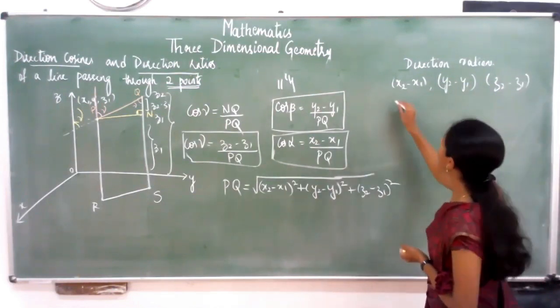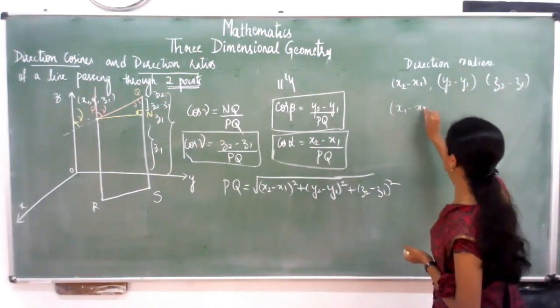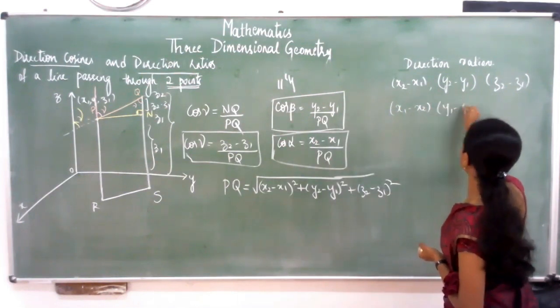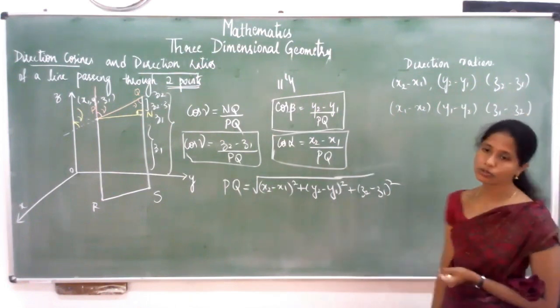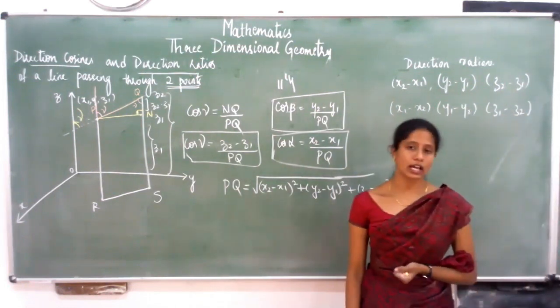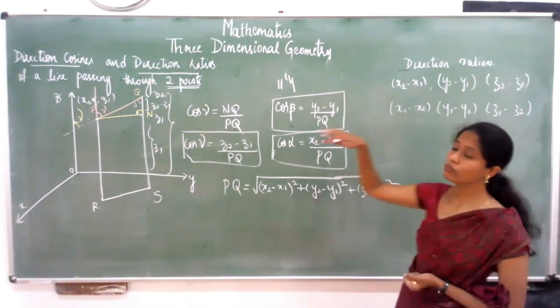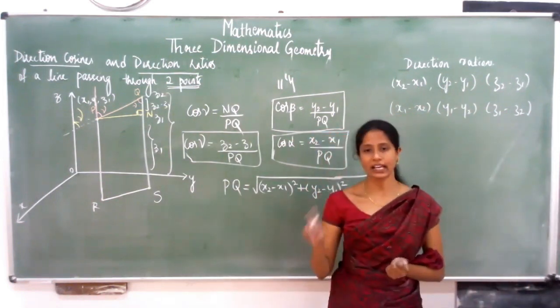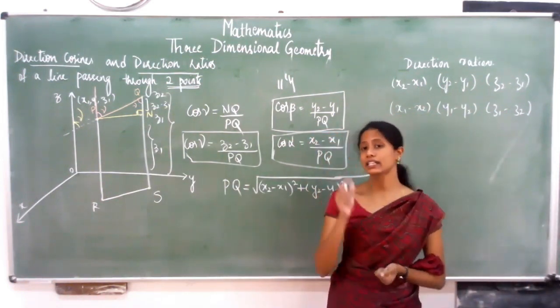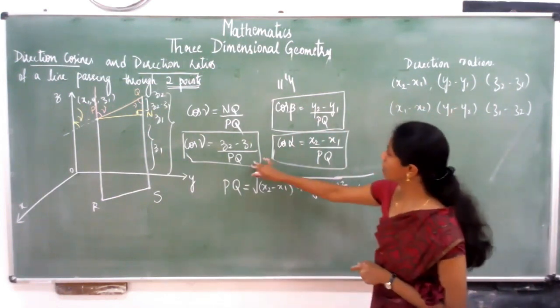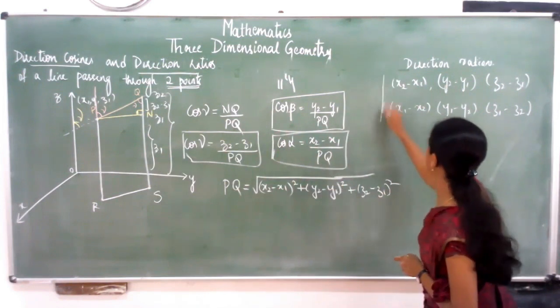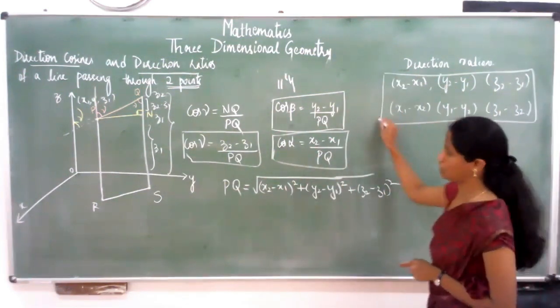We can have even x1 minus x2, y1 minus y2, and z1 minus z2. Why with this? Because we are considering a line. I am again repeating, here we are considering a line, not a vector. So these are the direction cosines and these are our direction ratios.